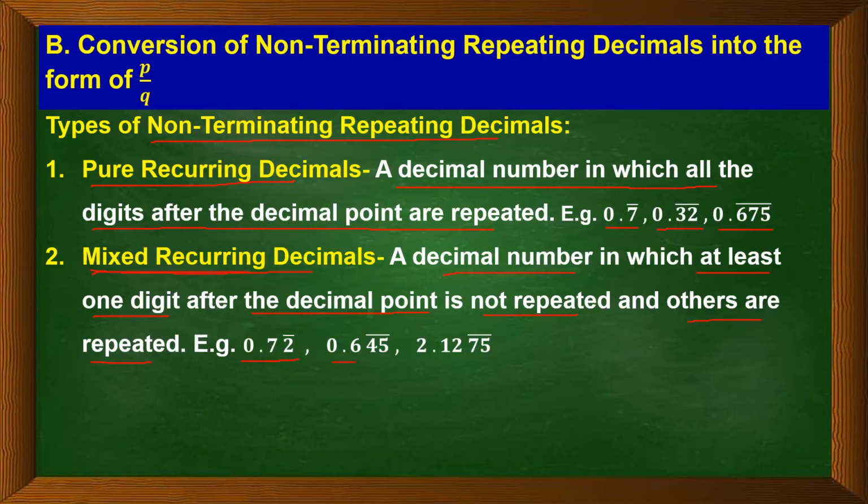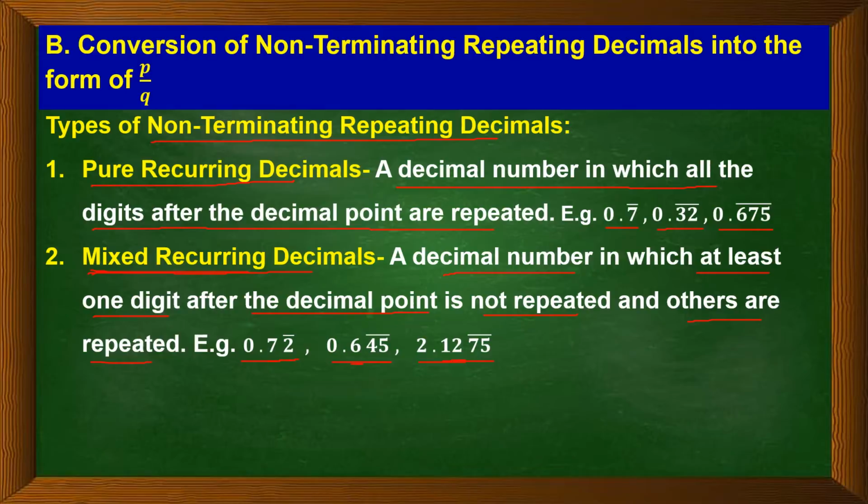Then 0.645, 45 is under the bar, 6 is not repeated over here, whereas 45 is repeated. Then we have 2.1275, 75 is under the bar, that is repeated, but 12 is not repeated. So a decimal number in which at least one of the digits after the decimal point is not repeated while other digits are repeated, those are known as mixed recurring decimals, right?